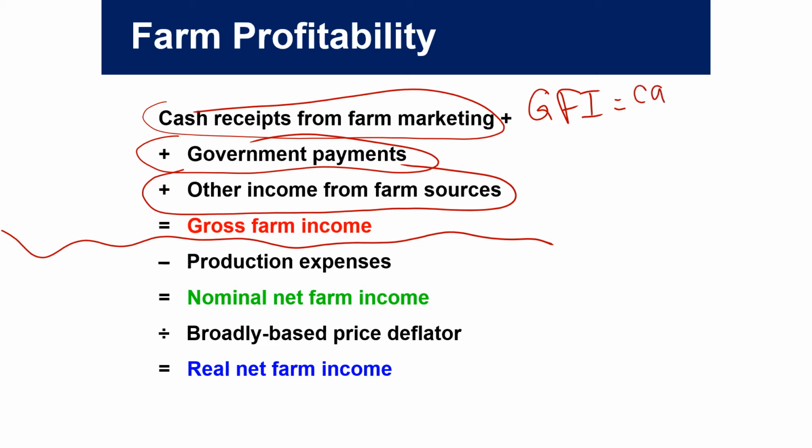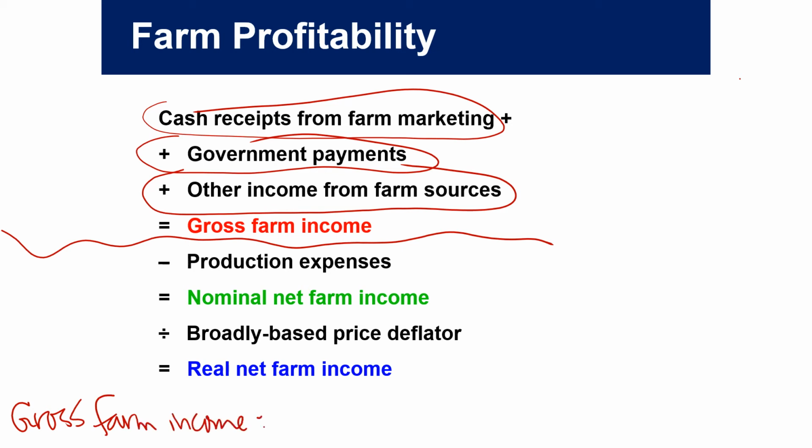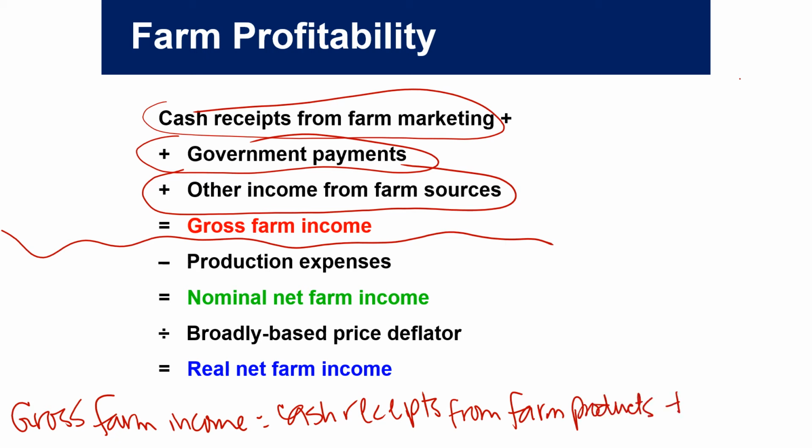So on your notes, you're just going to write cash receipts. And actually, you can write this out however you want. I just don't like how it's set up here. So I would do gross farm income equals cash receipts from farm products or marketing plus government payments.